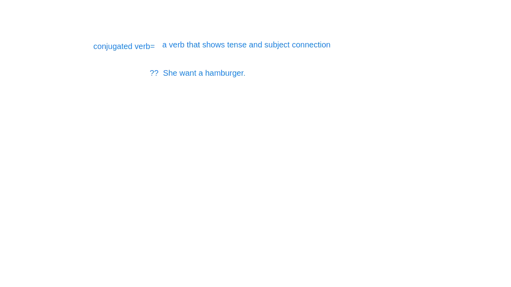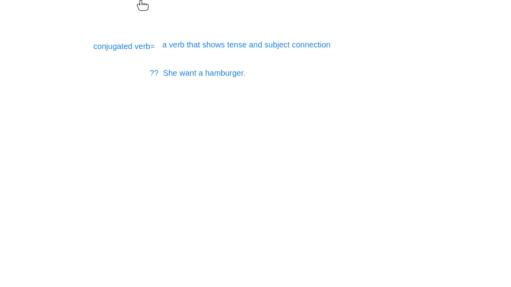Let's give an example here. Is this a good conjugated verb? Right here I have this verb want. Want is a verb. Is it conjugated? What do you guys think? Is want conjugated? She want a hamburger.